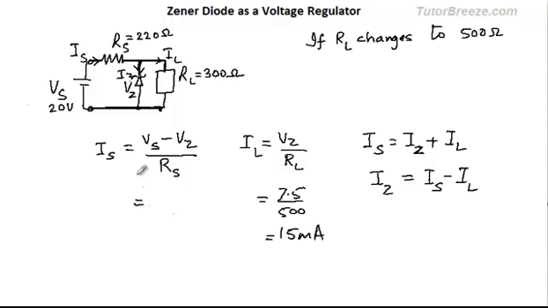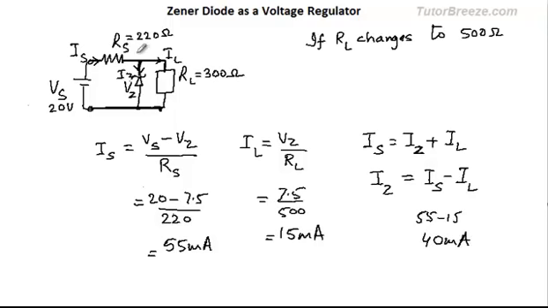Now, the source current over here is 20 minus 7.5 over 220, and this was about 55 milliampere. And a current of 55 minus 15, which is 40 milliampere, will flow through the Zener diode.